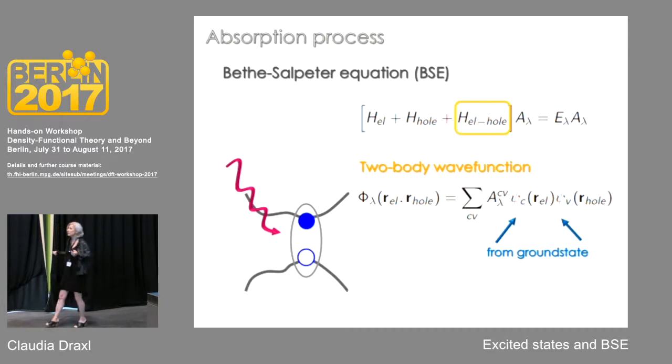And now we can take all the states that we have from the ground state and build all possible combinations of them, and that way we have an ansatz for a two-particle wave function. And if we solve this, we get these coupling coefficients, which tells us then how strongly coupled this electron and hole pair is in the specific states.